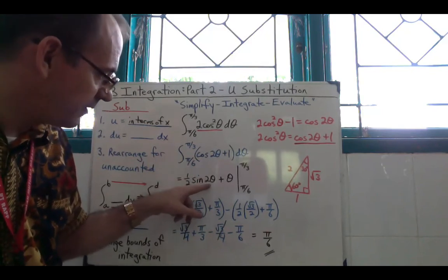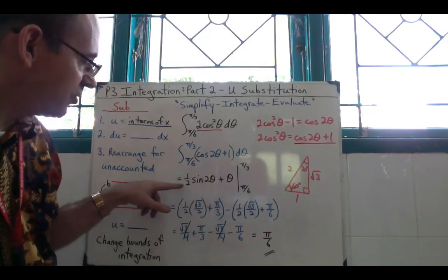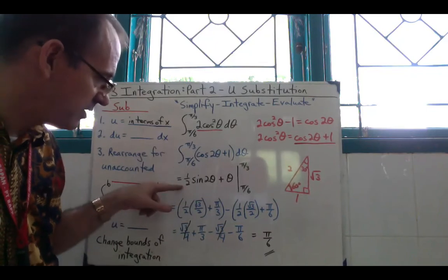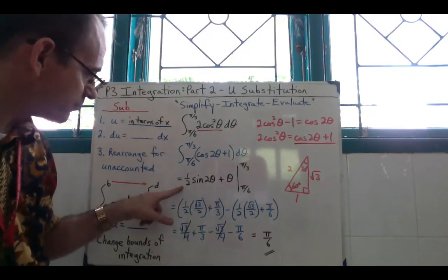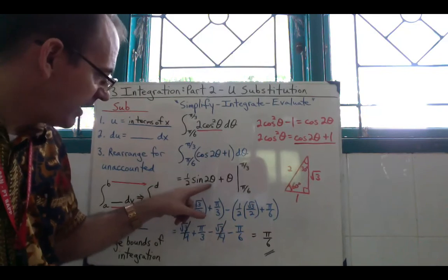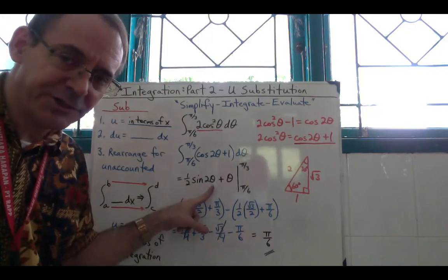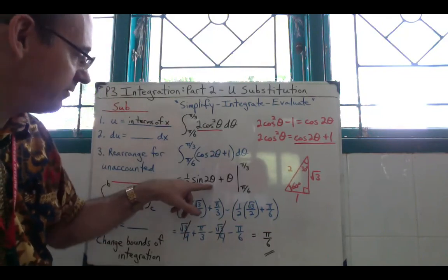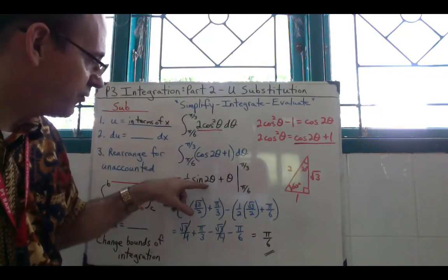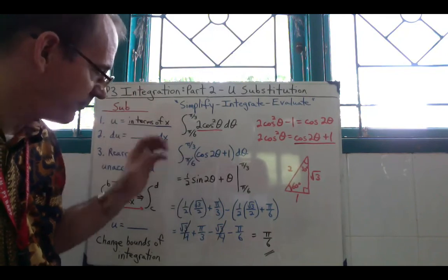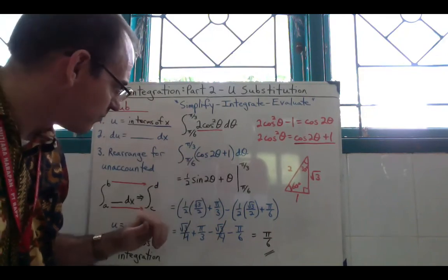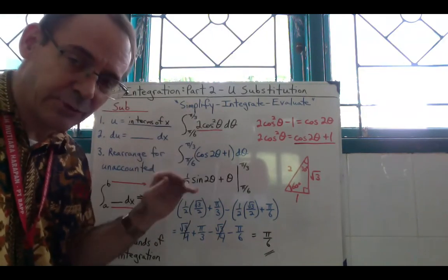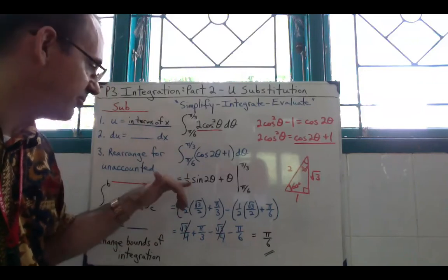The derivative of the argument is 2, so because we're integrating, you have to divide by that number. So you get 1/2 sine 2 theta. If you're not sure, just derive it and go backwards. The derivative of sine is cosine, multiply by 2, cancels the 1/2, and you're right back to the start. So do that forwards and backwards just to make sure your mechanics are correct.